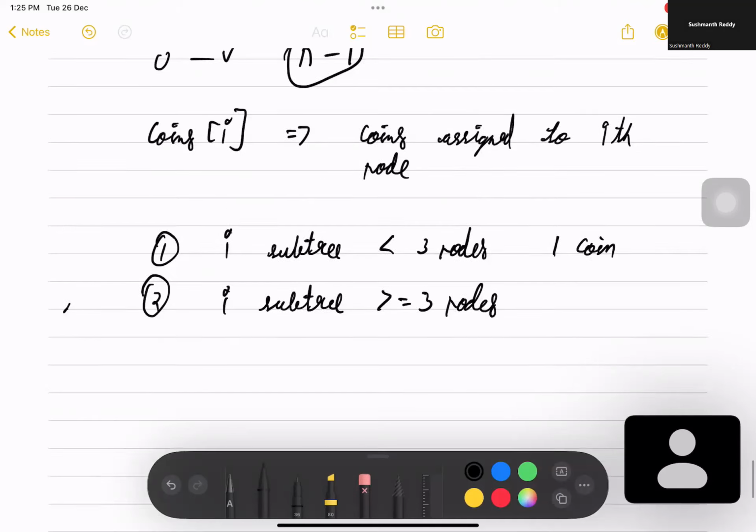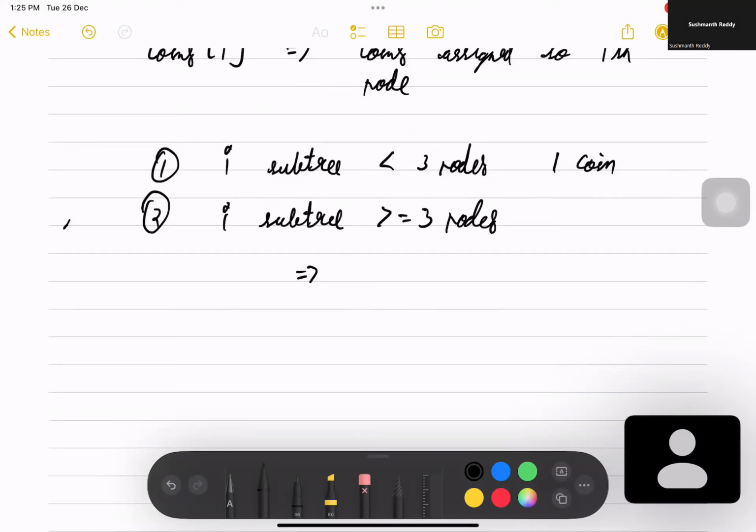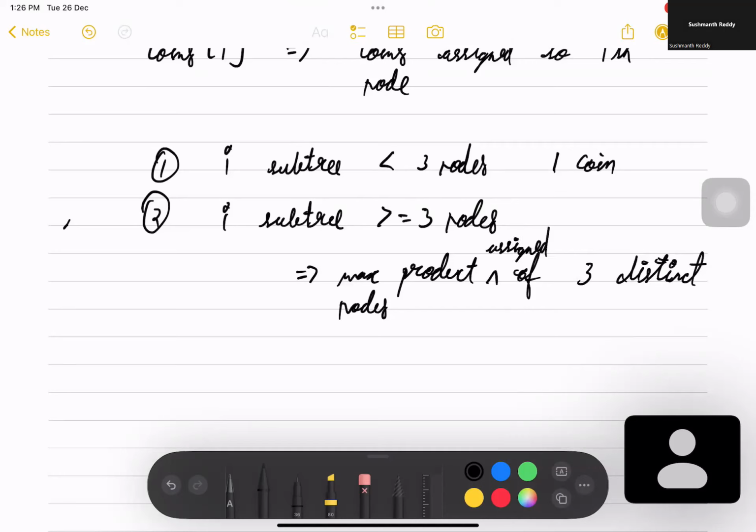So if it has 3 or more nodes, put the maximum product of assigned coins of 3 distinct nodes.